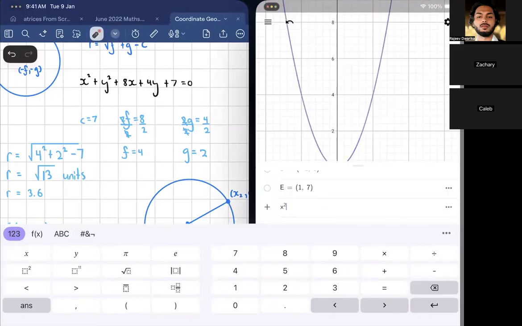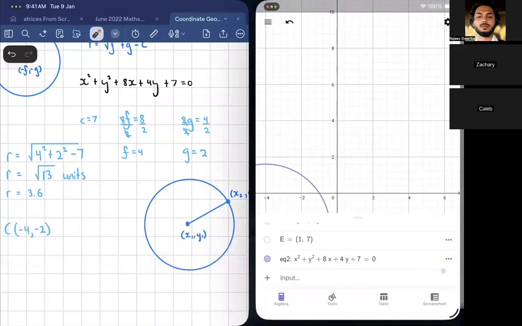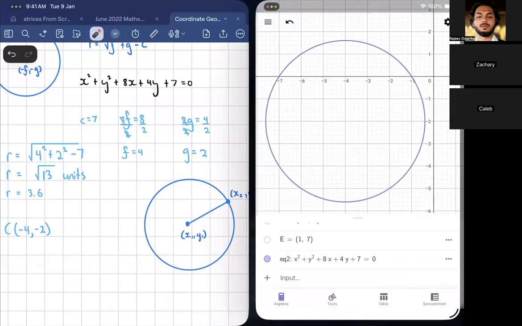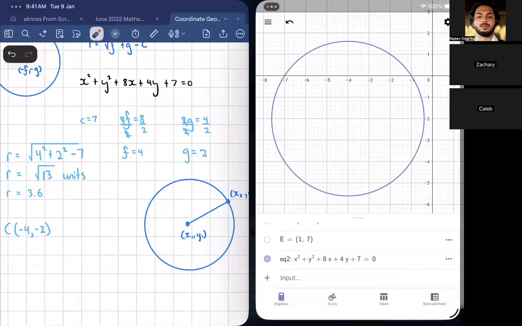So x squared plus y squared plus 8x plus 4y plus 7 is equal to 0. You see the circle? Yes. Okay. If you had to look at this diagram, what looks like the center?